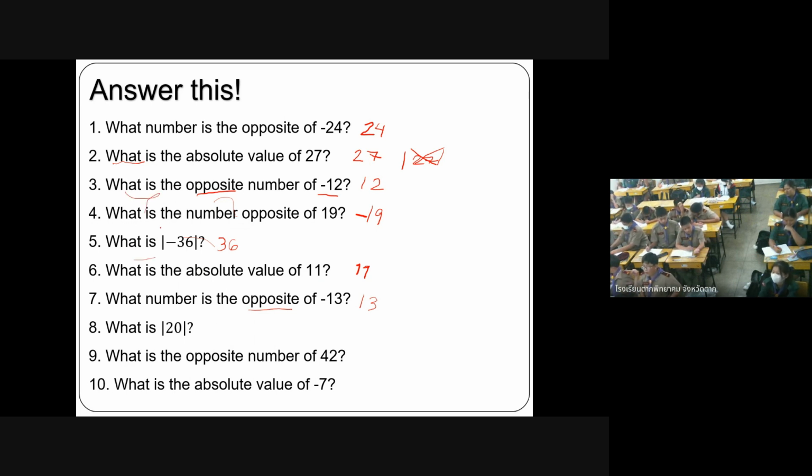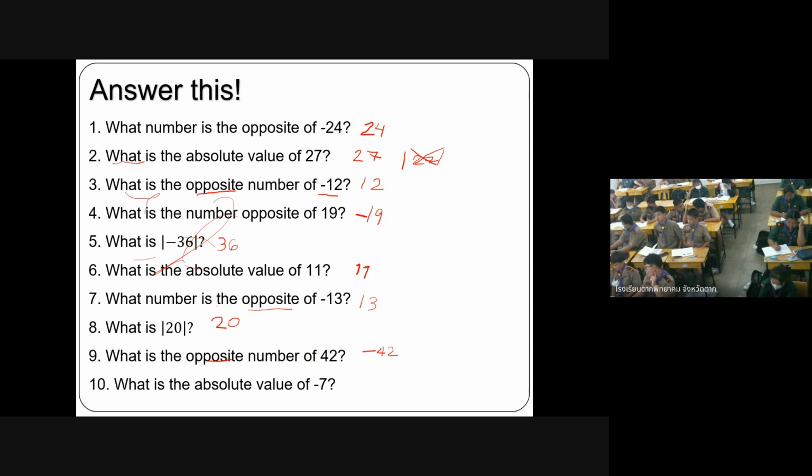Next. Number 9, everyone. Answer? Negative 42. Again, opposite. If it's positive, make it negative.